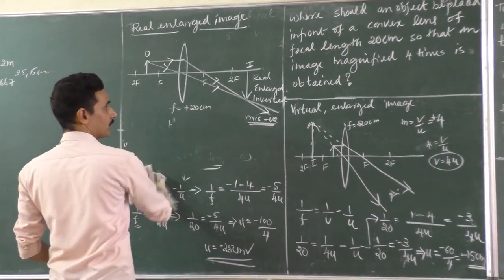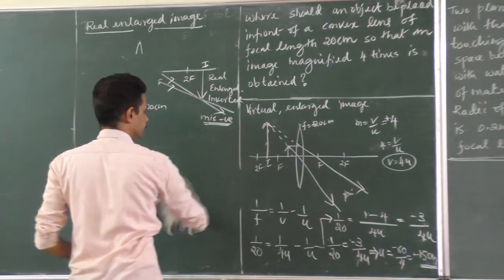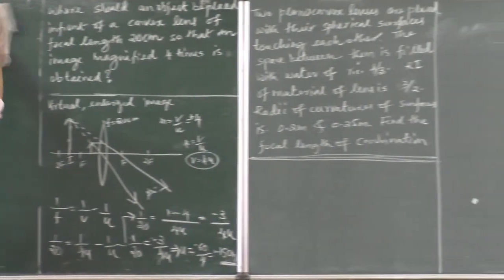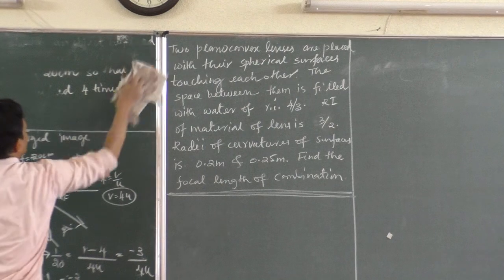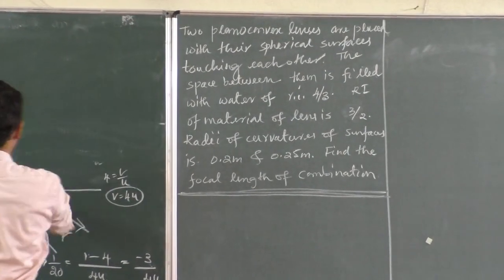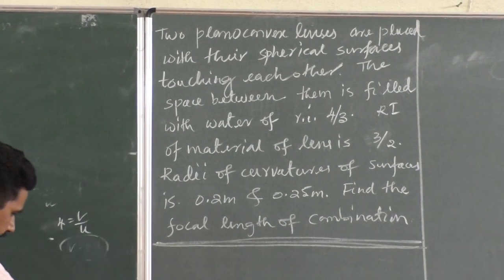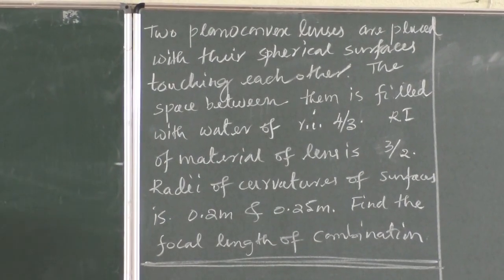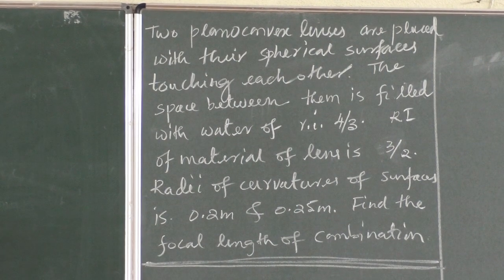Now, shall we move on to the next one? That is a very important problem. Two plano convex lenses are placed with their spherical surfaces touching each other.